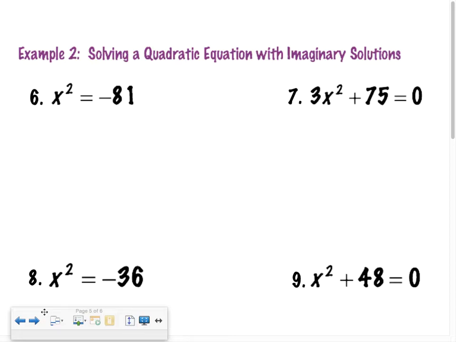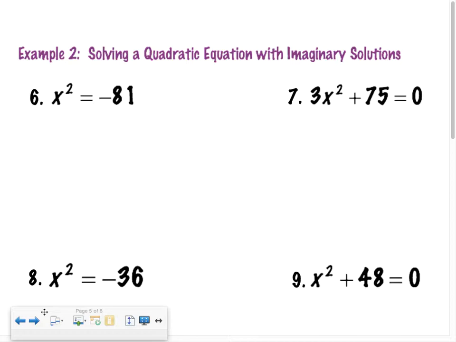So, when you're solving a quadratic equation, if you can get the x squared term by itself and no other x values anywhere, you can use the square root property to solve these quadratic equations.